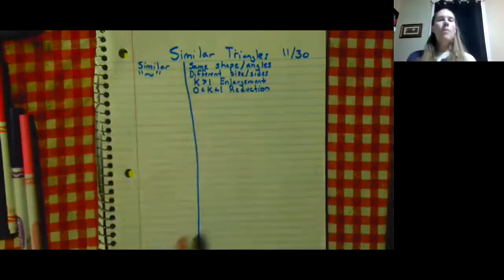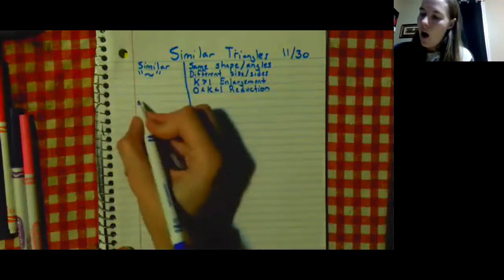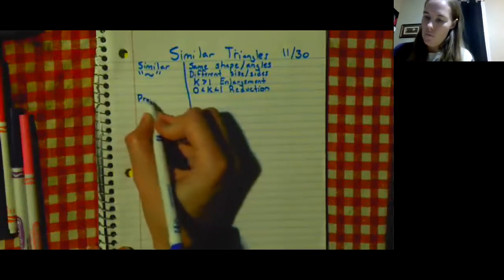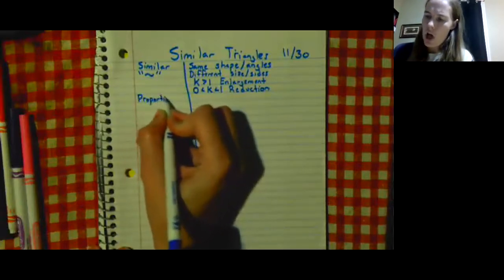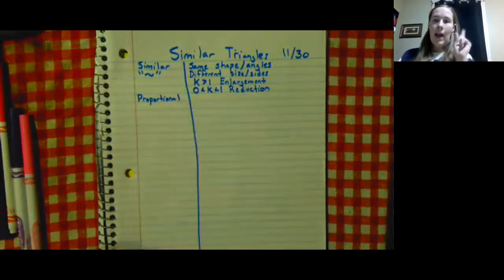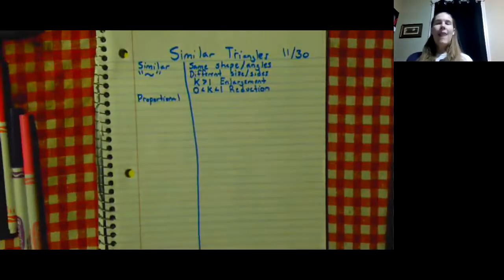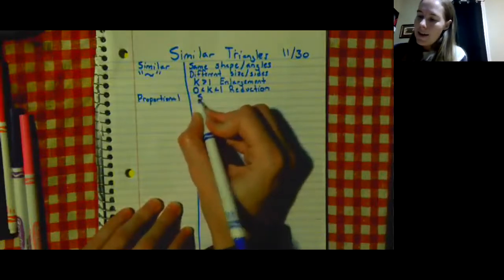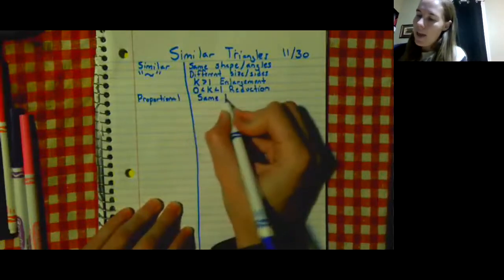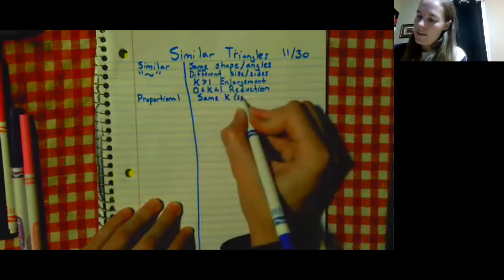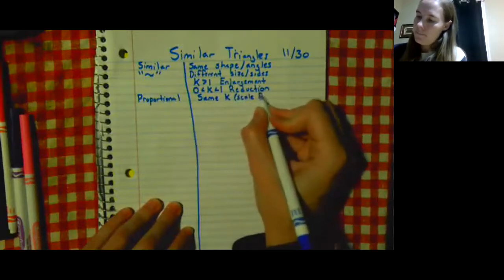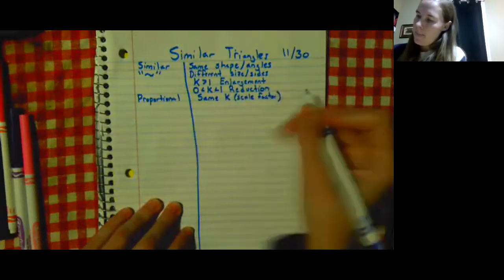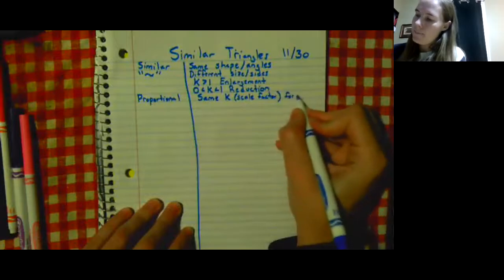Something to know about similar triangles is they are proportional. And if I misspelled that, I apologize. Because they are proportional, all the sides have the same K, or scale factor, for each side.